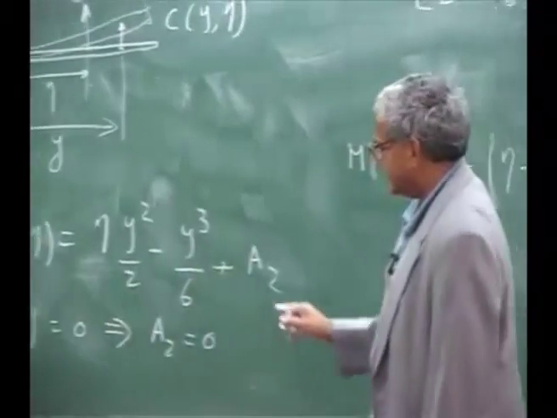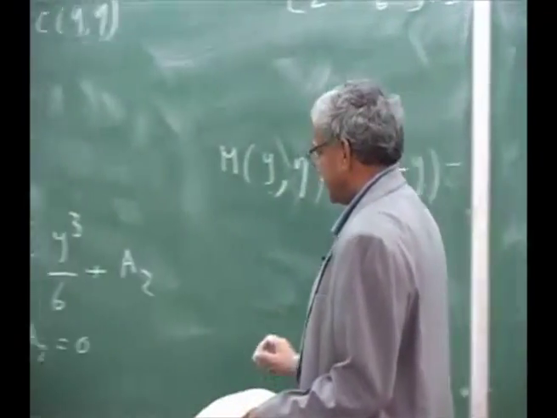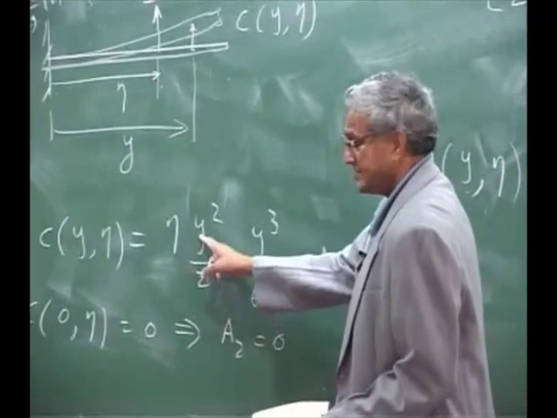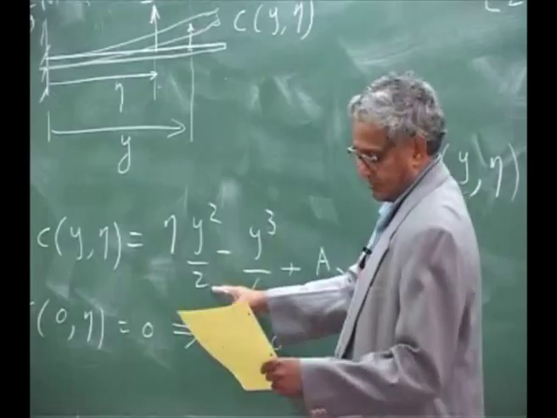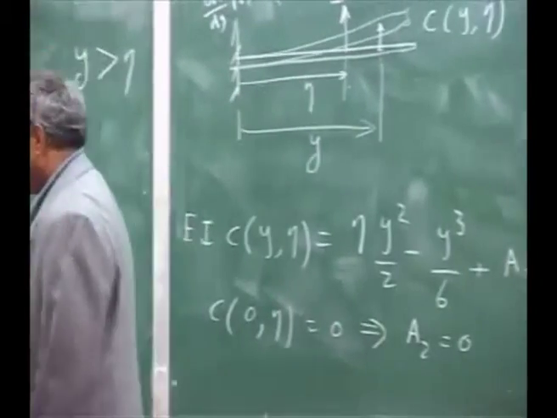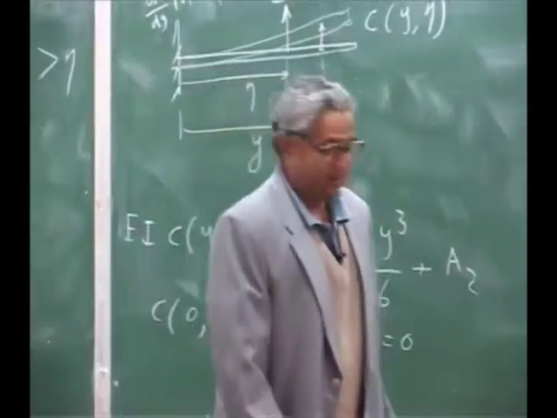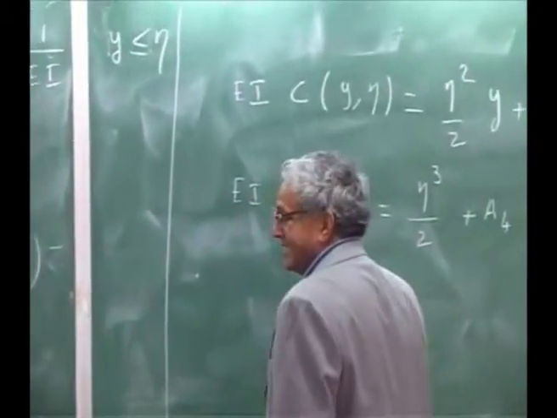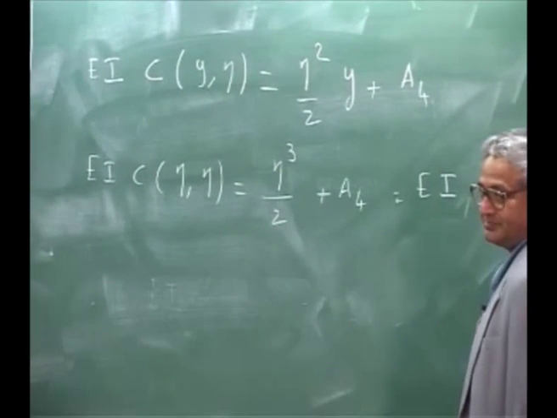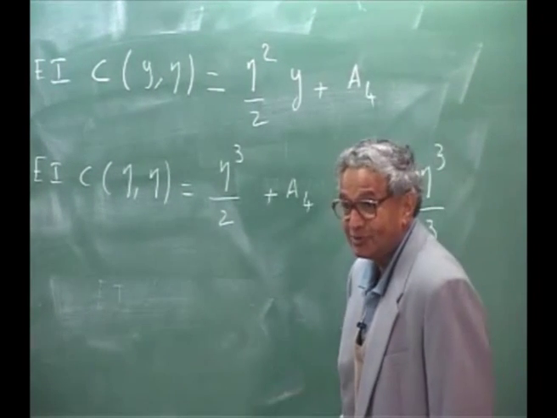It will be 1 by 3, or 1 by 6? No, 1 minute. This is 1 by 3. So this will be EI eta cube over 3.